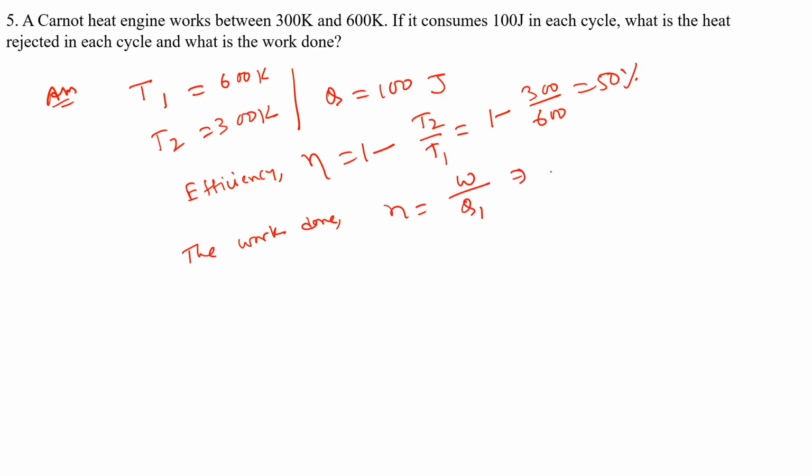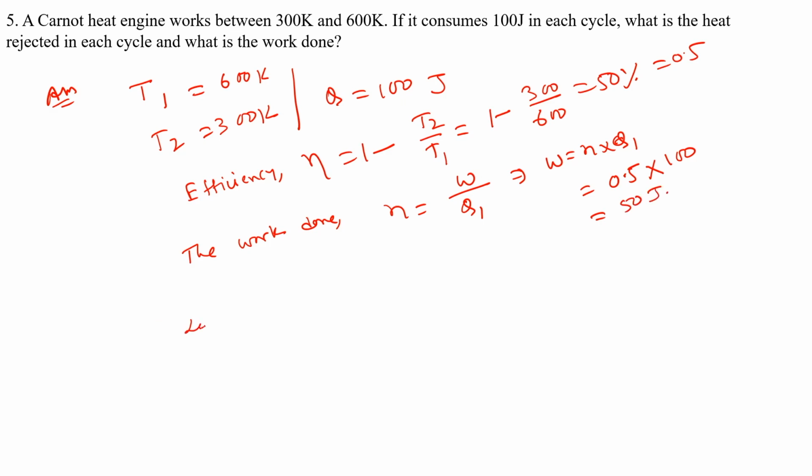So W is eta times Q1. Eta is 0.5, and Q1 is 100, right. So we get 50 joules.